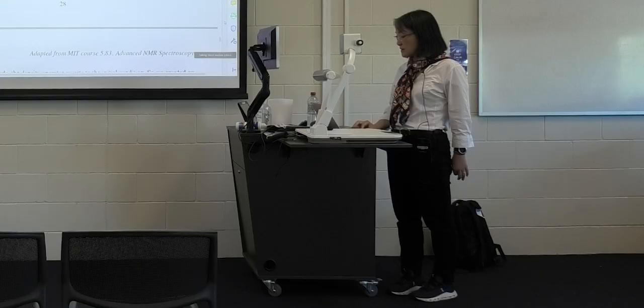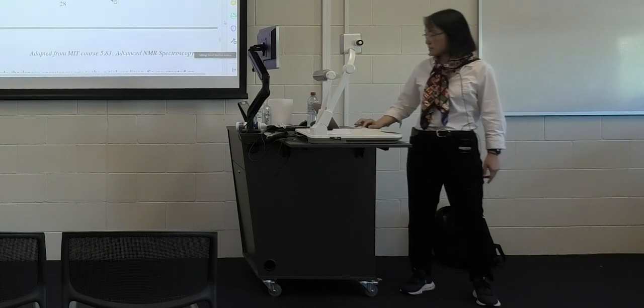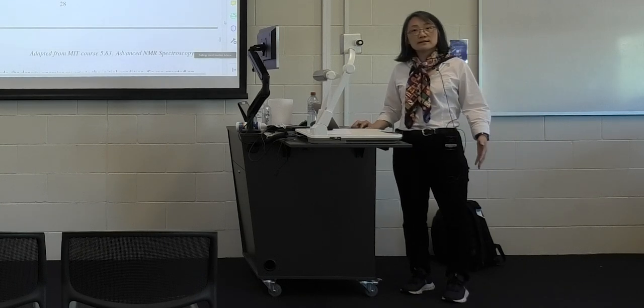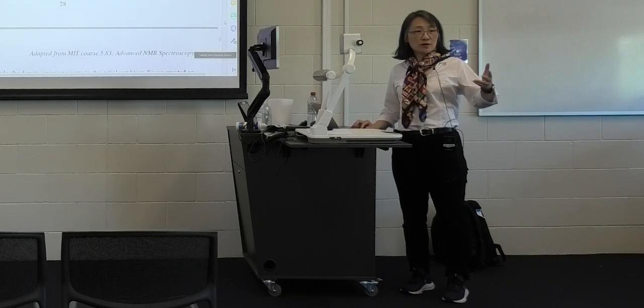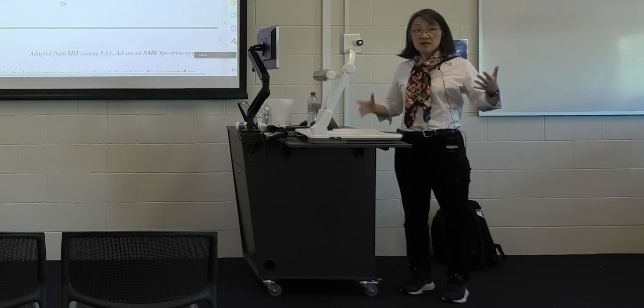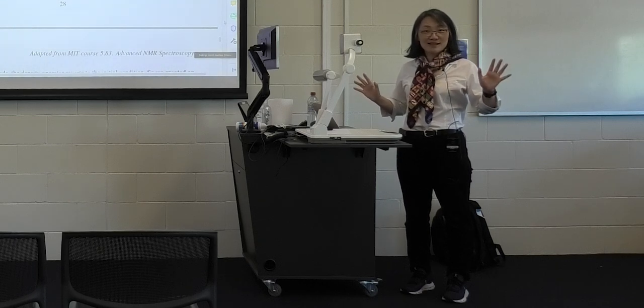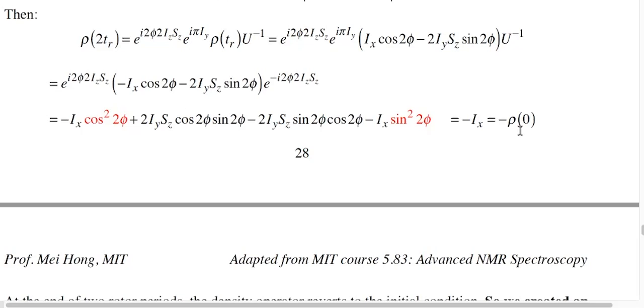And then these cross terms cancel. So by the end of 2 rotor periods, you've got the opposite sign term that's the same as the initial density operator. There's no dipolar coupling. This is no good. It's not useful. So you haven't recoupled. If you do this one pi pulse per rotor period, it doesn't work.